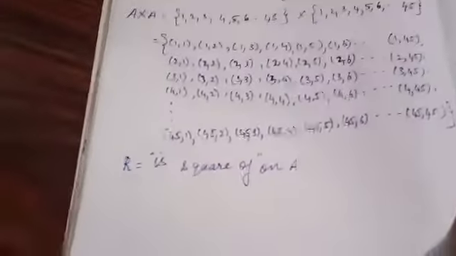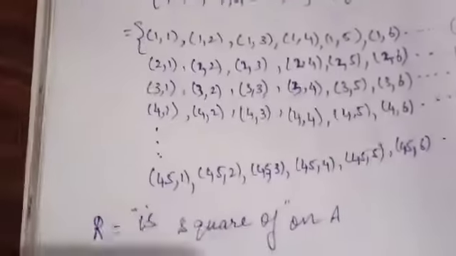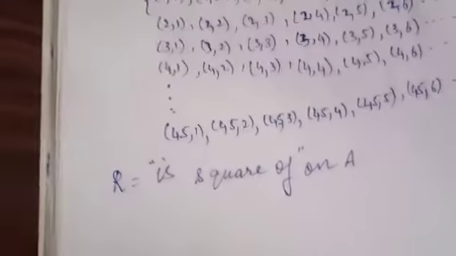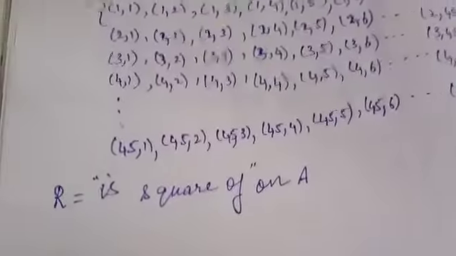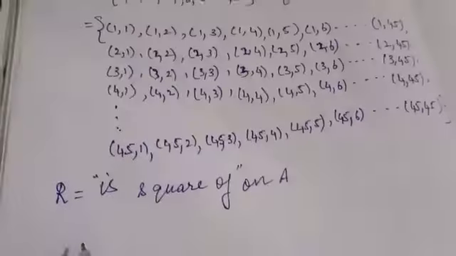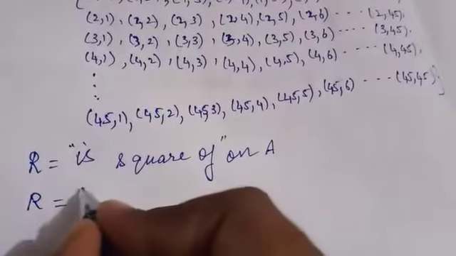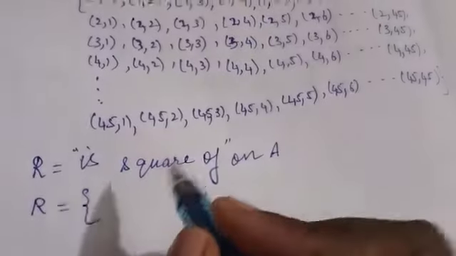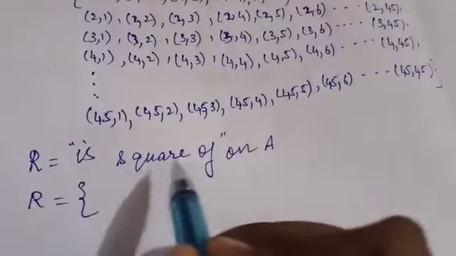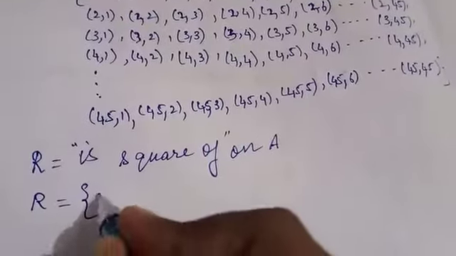We have to square the elements of A now. So R is equal to the set of all pairs where one is the square of the other.